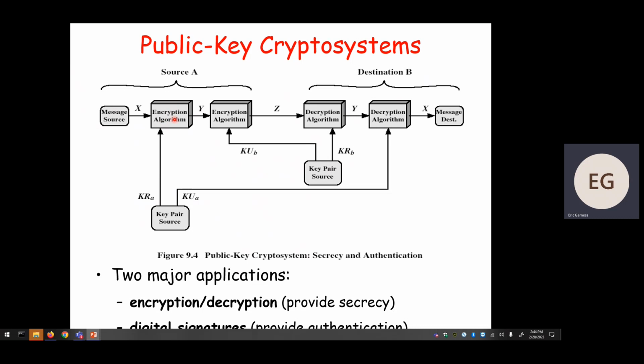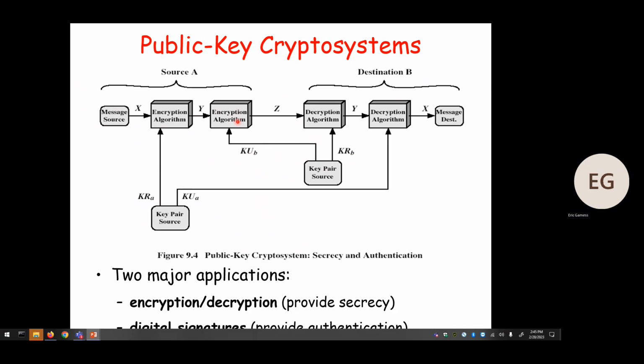Now she takes the result and encrypts it with the public key of Bob. You see the public key of Bob? She has a copy of it. So what is she looking for by encrypting the result with the public key of Bob? She's looking for privacy. Nobody in the world will be able to understand this message except Bob.